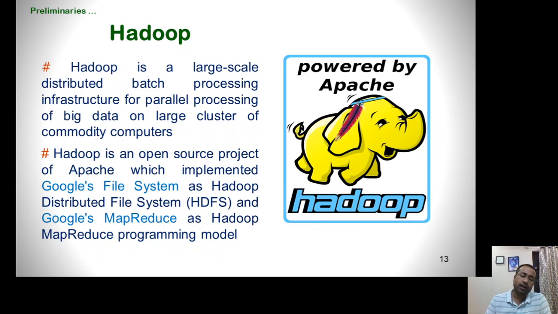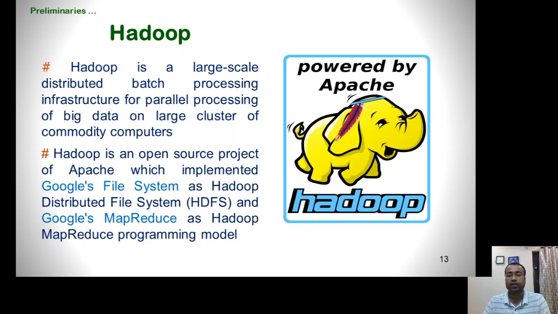You can use your laptop or personal computer to build a Hadoop cluster; it doesn't require highly configured, high-end computers. Commodity computers are simple, average computers. Medium computing power computers can be used for making a large Hadoop cluster. So Hadoop is a large scale distributed batch processing infrastructure for parallel processing of big data on large cluster of commodity computers.